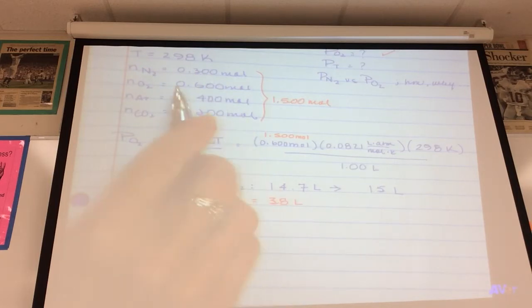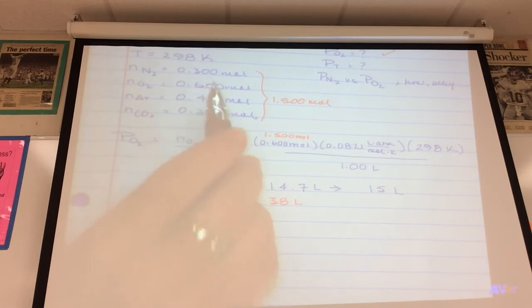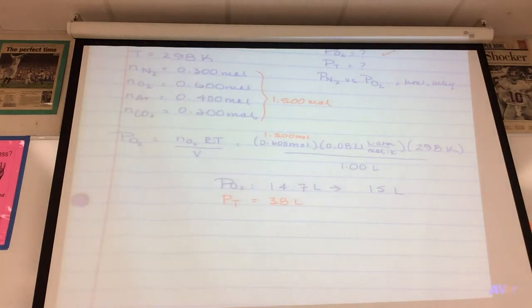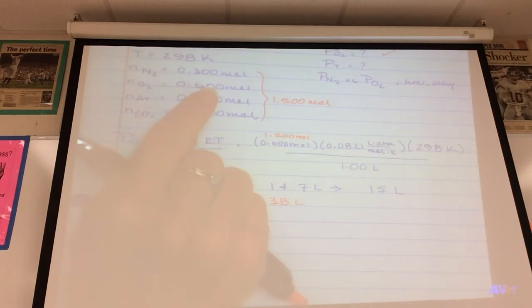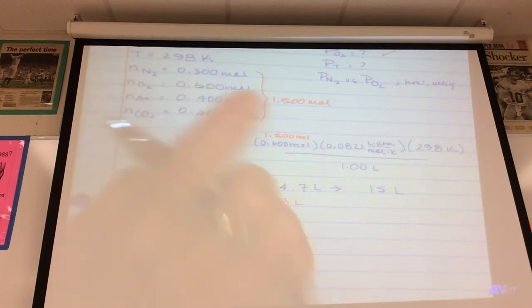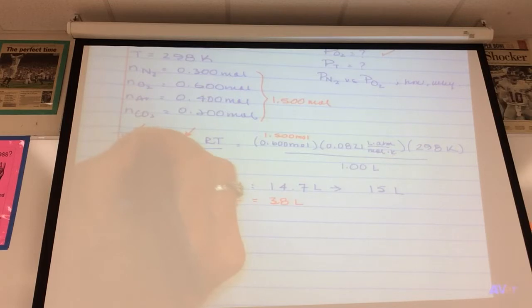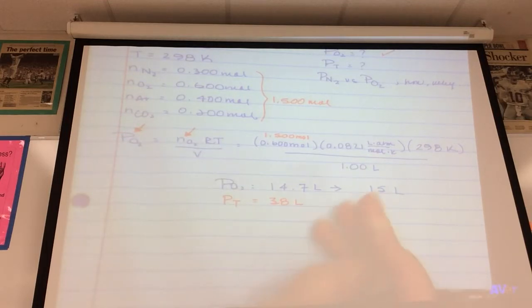We had oxygen, and nitrogen is half of this. So that means the pressure of the nitrogen gas has to be half of that of oxygen. So what you can see then is that the more moles of gas you have, the greater the pressure, because moles and pressure are directly related.